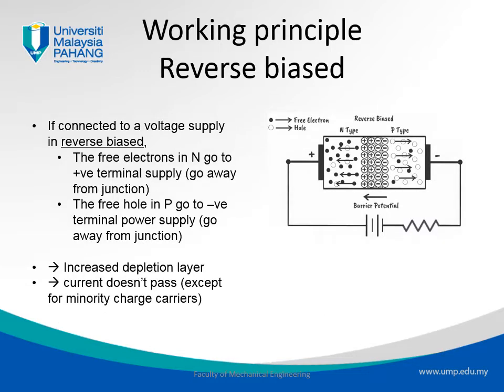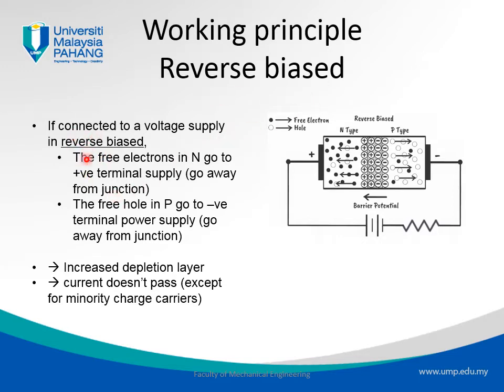And then in the opposite direction, if we connect now, let me get my pointer. If you connect our power supply in the opposite direction, where we have our positive terminal connected to the n-type junction and the negative terminal connected to the p-type junction, this is what we call connection in reverse bias.